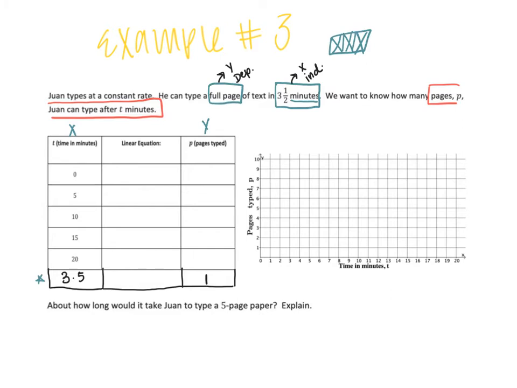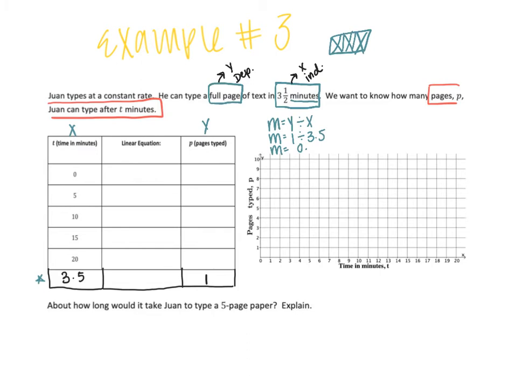So remember that m equals my y divided by my x. So in this case, my m, or my slope, is going to equal 1 divided by 3.5, which comes out to, when I do this in my calculator, 1 divided by 3.5 is a decimal that is very long, 0.28571429.